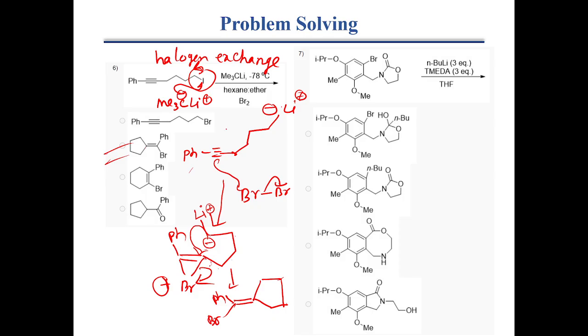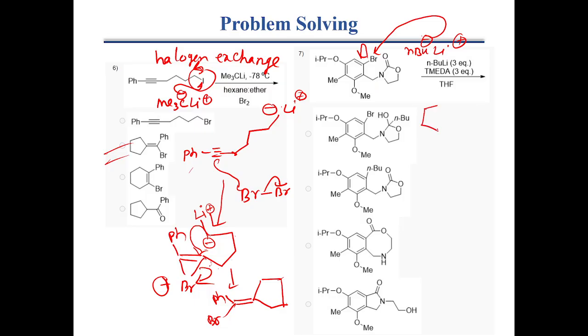Now what happens there? This is also a metal halogen exchange reaction. So in presence of butyl lithium, butyl minus lithium plus, the metal halogen reaction happens. The butyl minus reacts with the bromine, the bromide, and a negative charge will form.